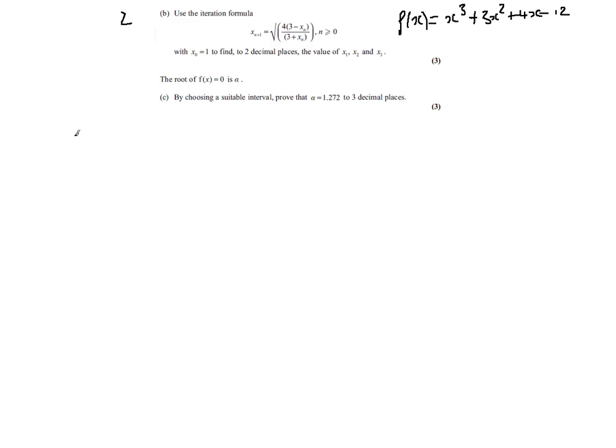We know it's told us that x0 equals 1, and that means that x1 will equal the root of 4 into 3 minus 1 over 3 plus 1, and we can just look at that and see that that's going to be root 2.